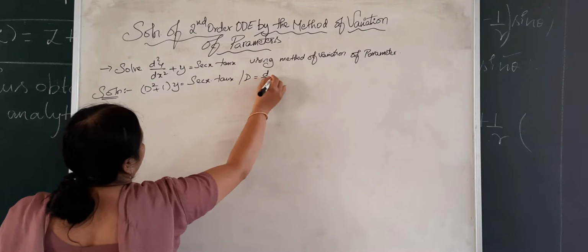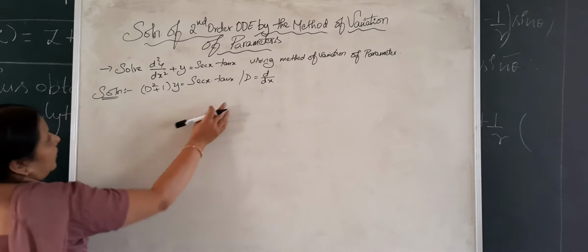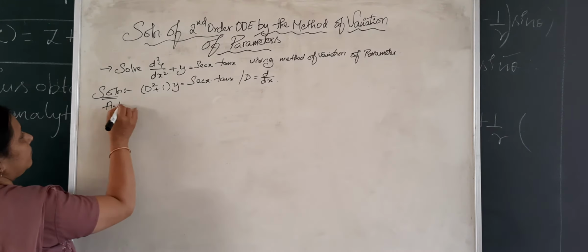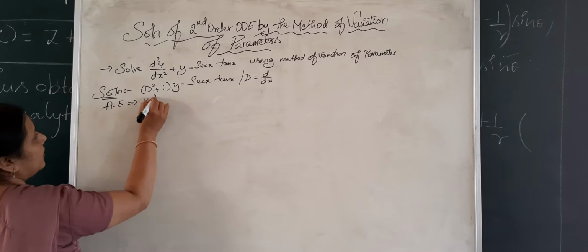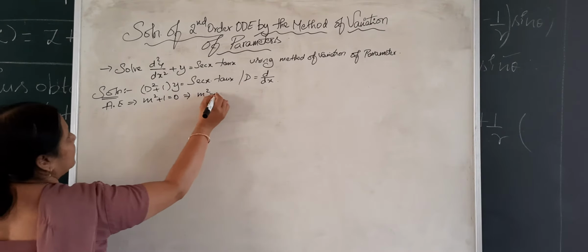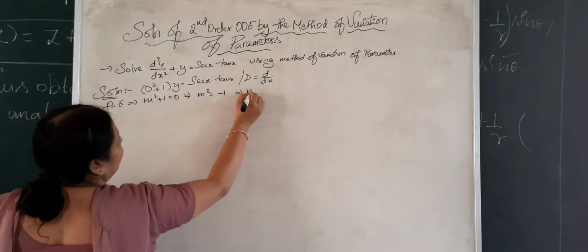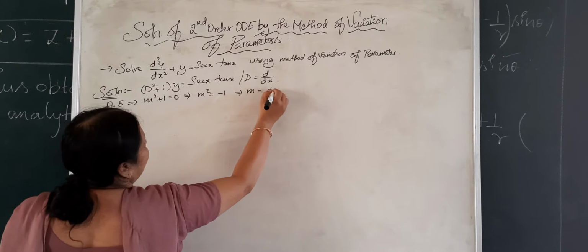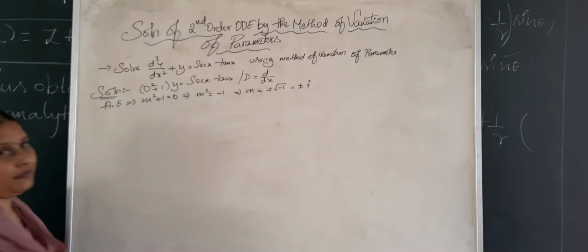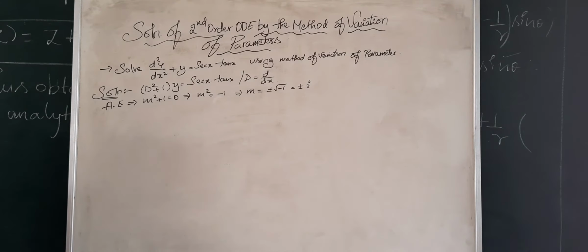Capital D is equal to d by dx. Next, the auxiliary equation says m square plus 1 equal to 0, that is m square is minus 1, therefore m is equal to plus minus under root of minus 1, and we know that under root of minus 1 is nothing but i.